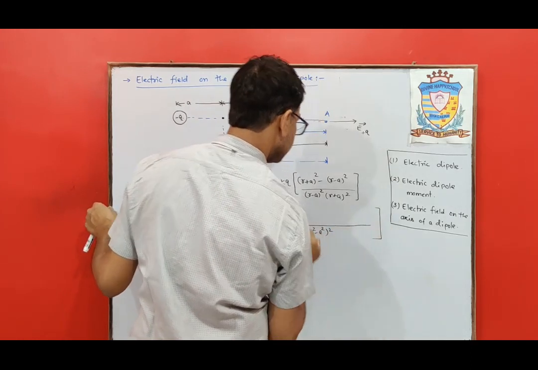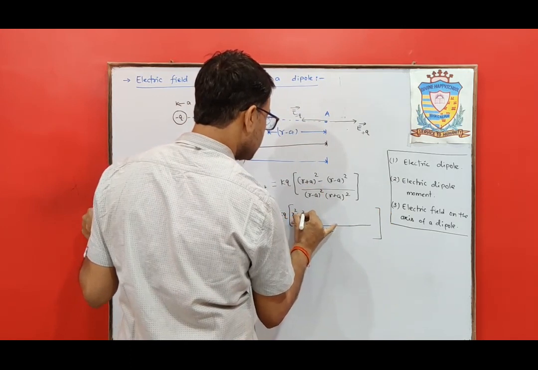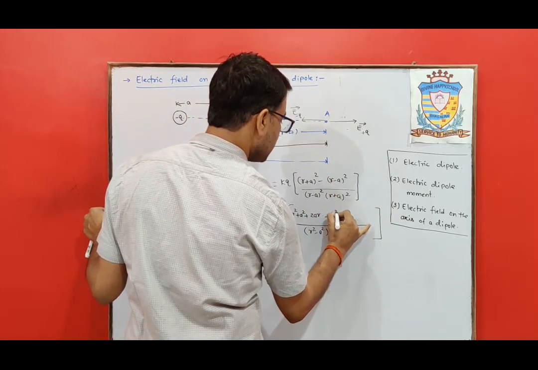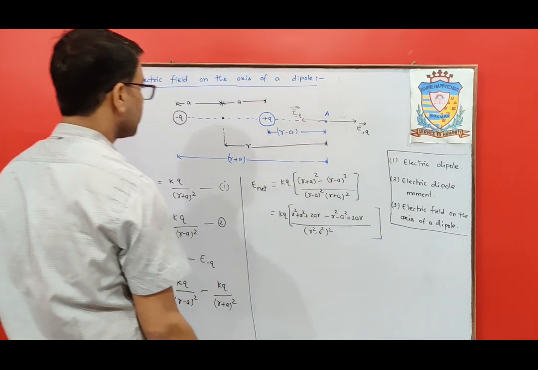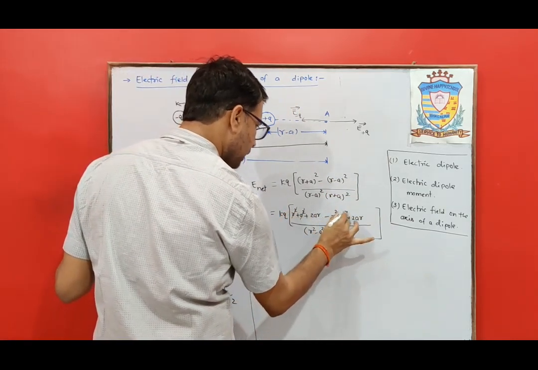The numerator becomes R square plus a square plus 2aR minus R square minus a square plus 2aR. So these terms will cancel out.